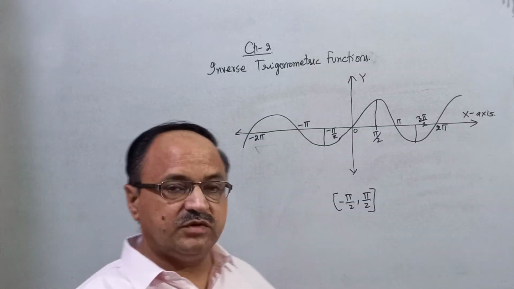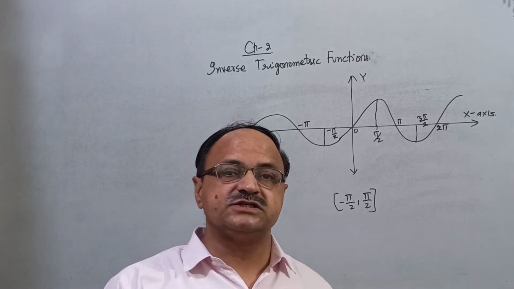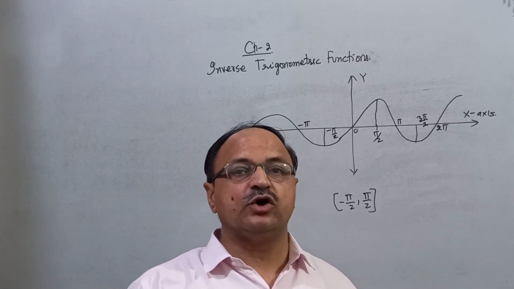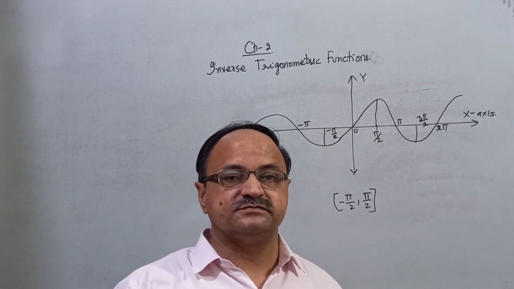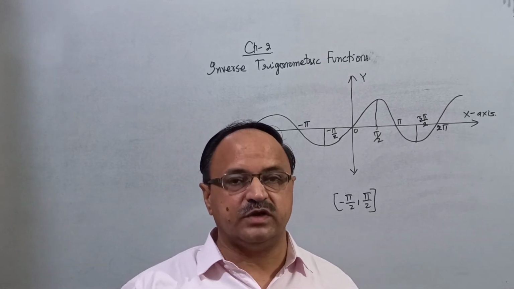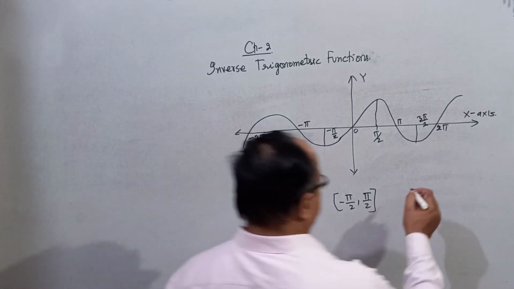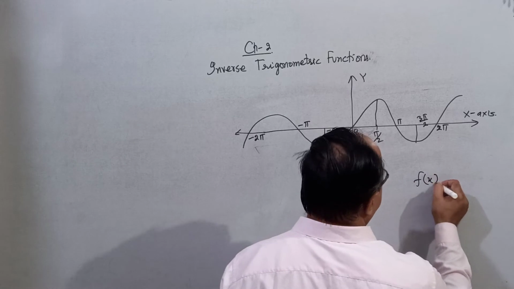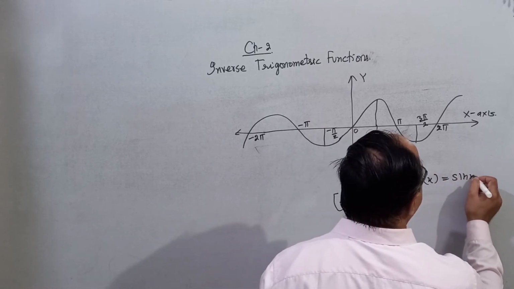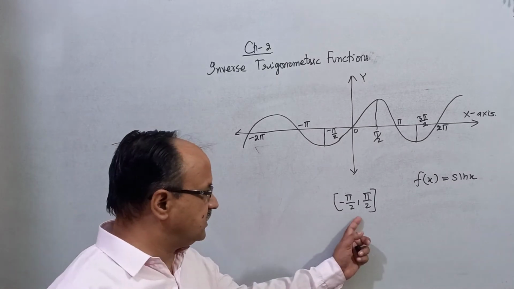It means every element of the domain has a unique image in the codomain. So therefore you can say the function f of x is invertible in this interval.